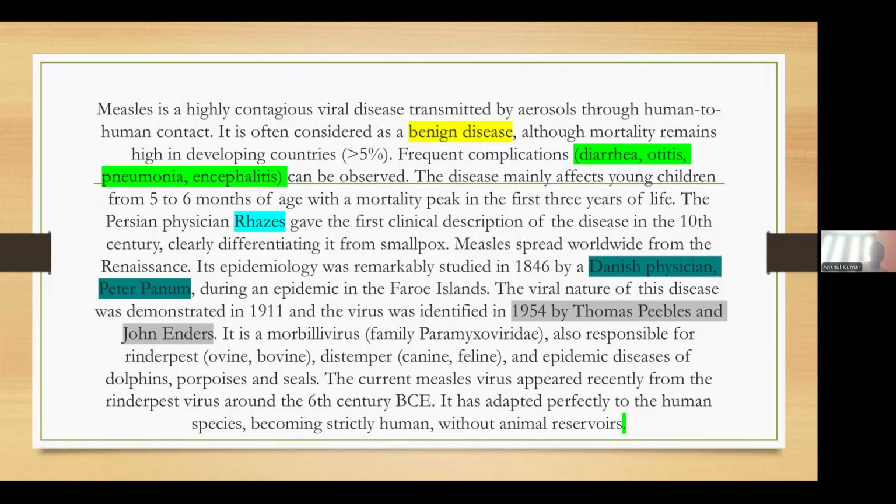3 years of life. The Persian physician Rhazes gave the first clinical description of the disease in the 10th century, clearly differentiating it from smallpox. Measles spread worldwide from the period of the Renaissance. So when the New World started and people started to travel from one place to another, it slowly started to spread.